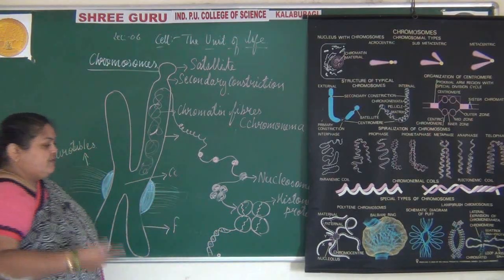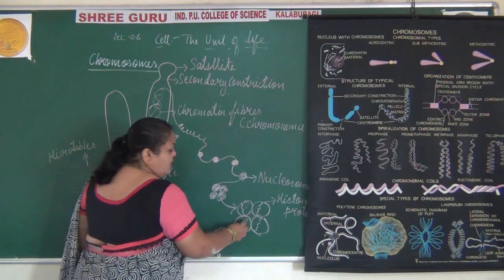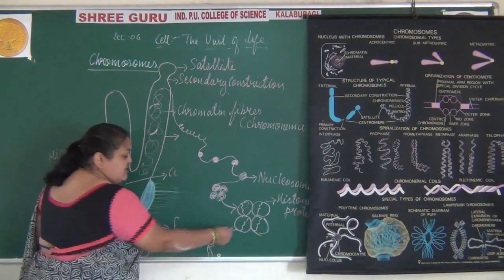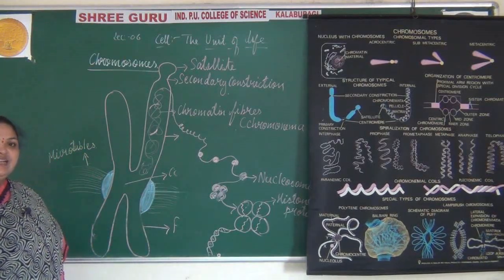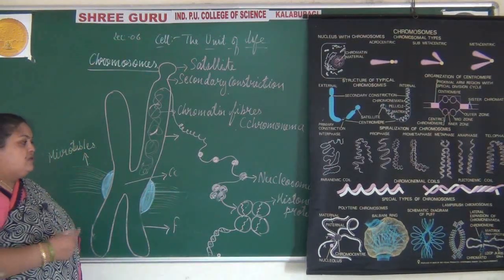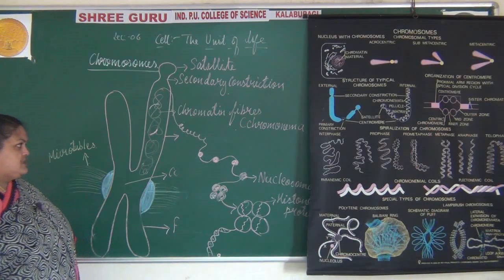It is wrapped on the 4 histone proteins, or we can say that the DNA is wrapped around the histone proteins.